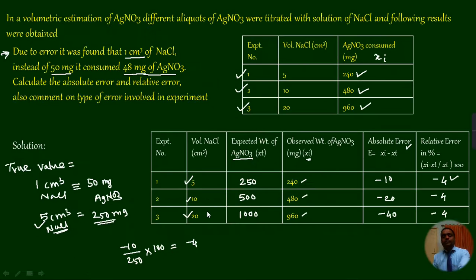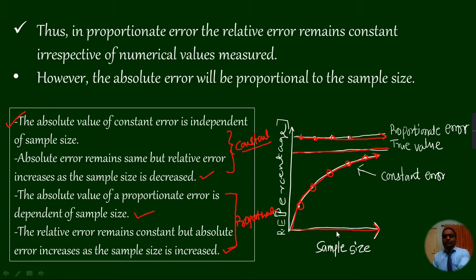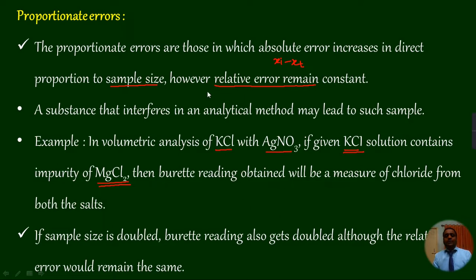Here, what we see is that the absolute error definitely depends upon the sample size. As the sample size is increasing, the absolute error is increasing, whereas the relative error is constant.